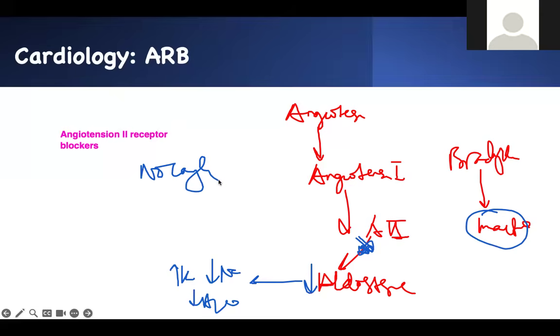Remember, the side effects are the same. Potassium is going to be high, therefore you tell them to avoid FAST foods, right? Fish, avocado, strawberries, spinach, tomatoes, or banana, right? Avoid salt substitute because it contains so much potassium. And the same kind of teaching: hypotension can occur, so be careful. But you're not going to have cough.